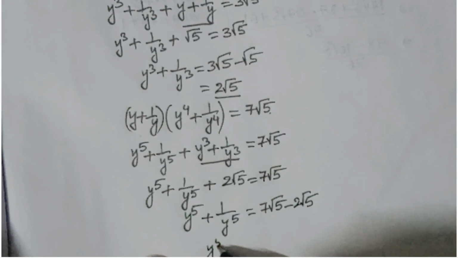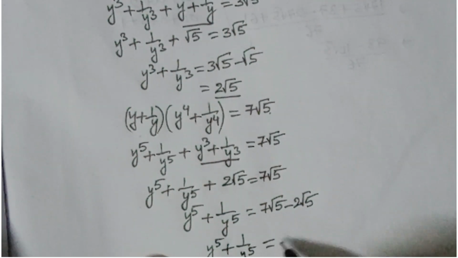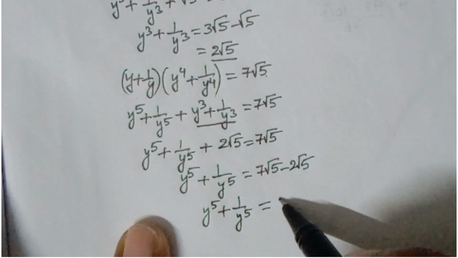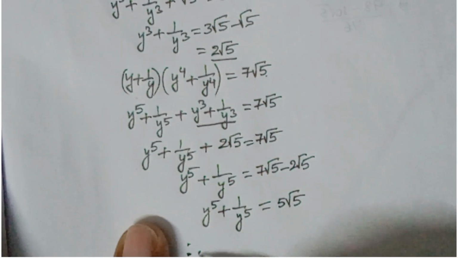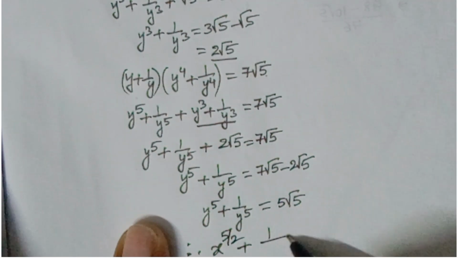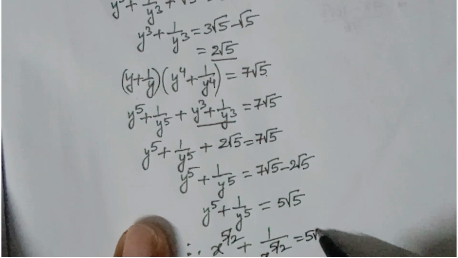So y to the power of 5 plus 1 by y to the power of 5 is equal to 5 root 5. Therefore, x to the power of 5 by 2 plus 1 by x to the power of 5 by 2 is equal to 5 root 5.